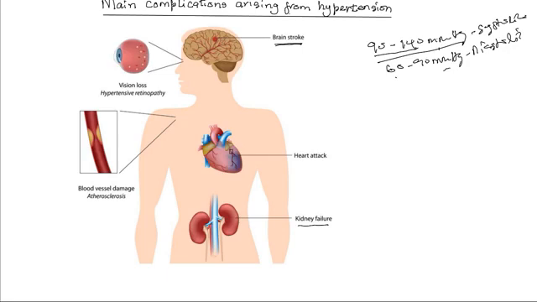High blood pressure can also result in arteriosclerosis, because the high pressure may lead to damage of particularly the endothelium. And when the endothelium is damaged, the body responds by depositing or forming fibrous connective tissue.